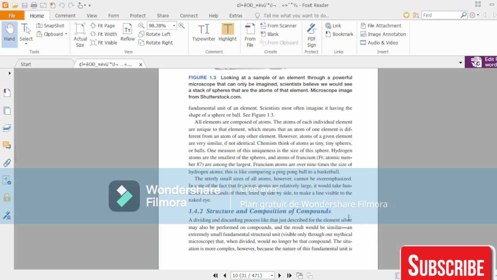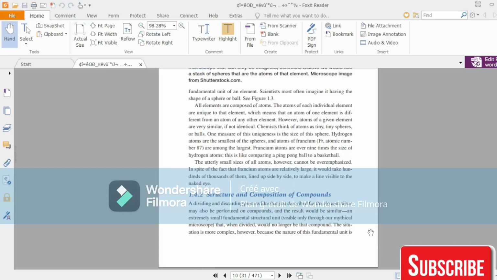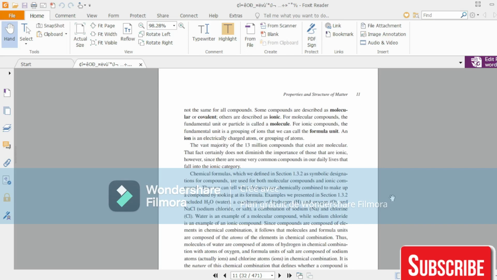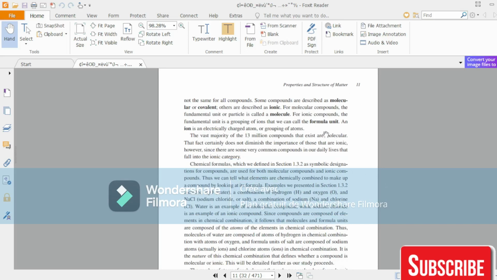The situation is more complex, however, because the nature of this fundamental unit is not the same for all compounds. Some compounds are described as molecular or covalent. Others are described as ionic. For molecular compounds, the fundamental unit or particle is called a molecule. For ionic compounds, the fundamental unit is a grouping of ions that we call the formula unit. An ion is an electrically charged atom or a grouping of atoms.